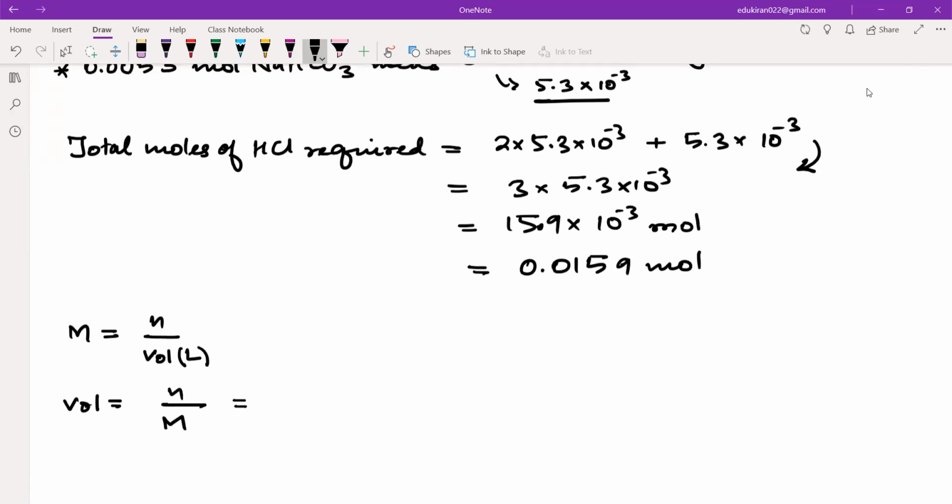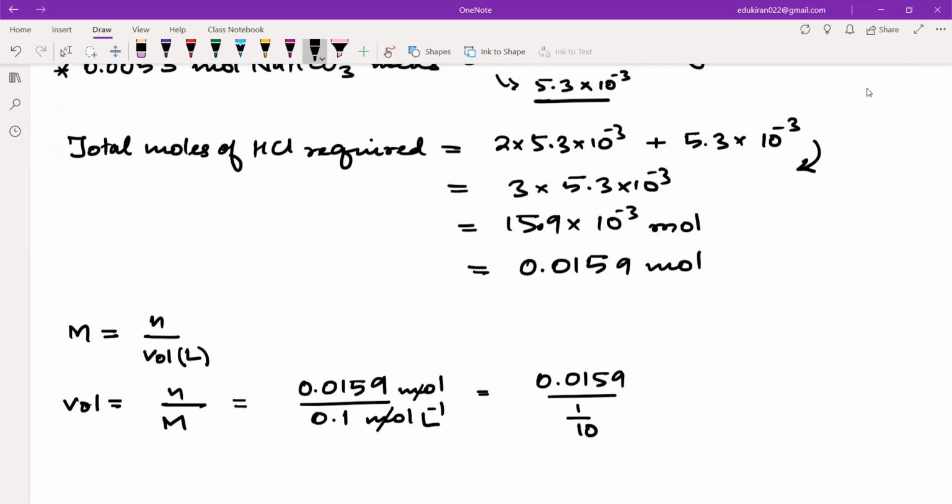So this is equal to how much? How many moles we require? We require 0.0159 moles, which is divided by the molarity given, 0.1 molar. This is moles, this is mole per liter. Mole and mole will get cancelled, liter inverse will go above, it will become liter. 0.0159 divided by 0.1 means 1 upon 10, right?